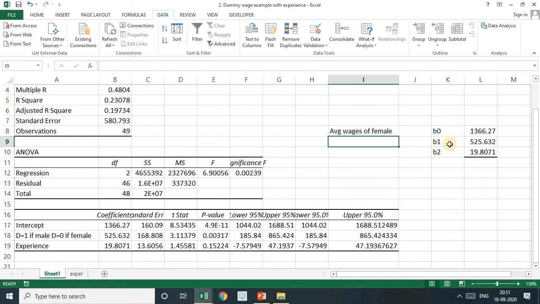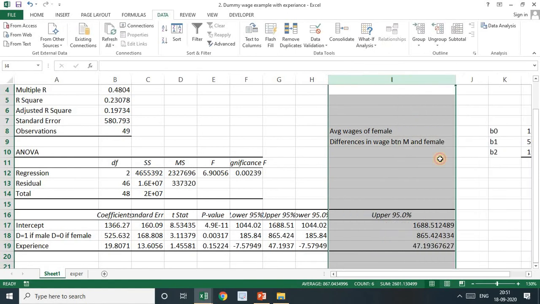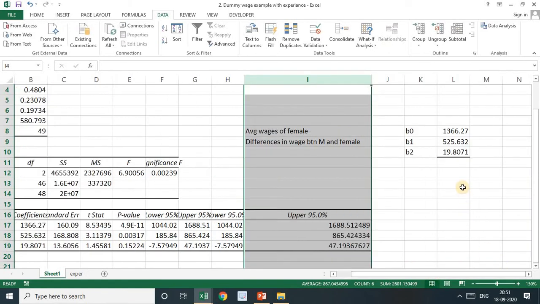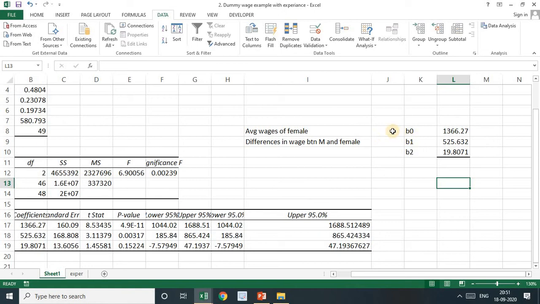It tells us whether the male category is getting an extra amount of wage compared to their counterpart. The difference is around 525.